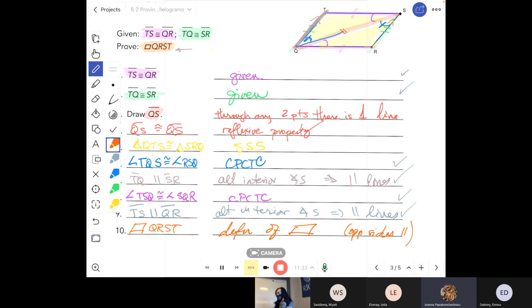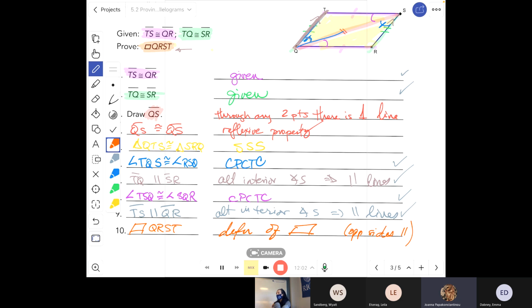But we're not really just proving that the two opposite sides are parallel or just that the two opposite sides are congruent. If that was the thing you were trying to prove, then you could stop. If we're trying to define that it's a parallelogram, we want to show all the things that we have said are true.